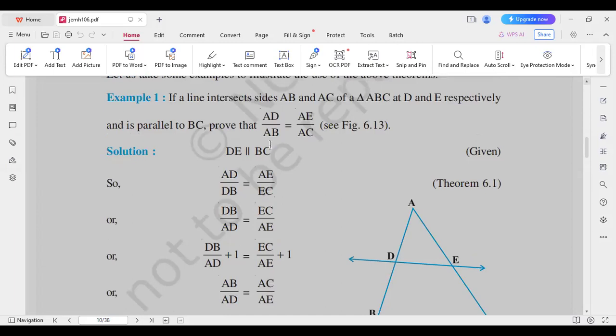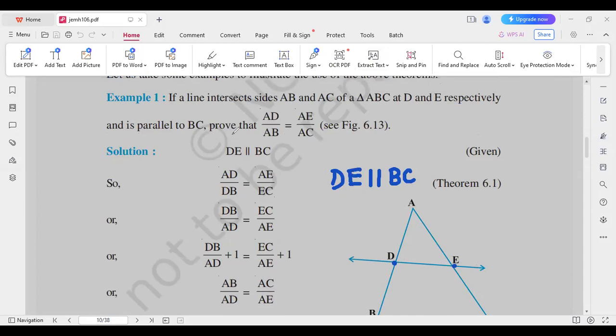Okay, yes. So if a line intersects sides AB and AC of a triangle ABC at D and E, see, this is the intersecting point. That is why they are saying points D and E. This is parallel to BC. This is what is given. That means it is given that DE is parallel to BC. Do you understand this? This is given in the question.